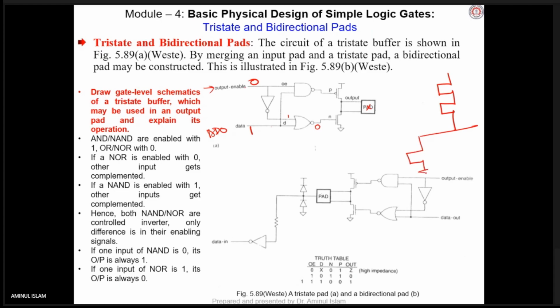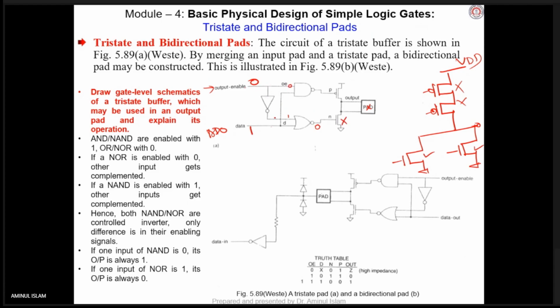This is your NOR gate, for your easy reference. Both are high, which means they are off, they are on. So output is what? 0. Okay, so output 0. So this is off.